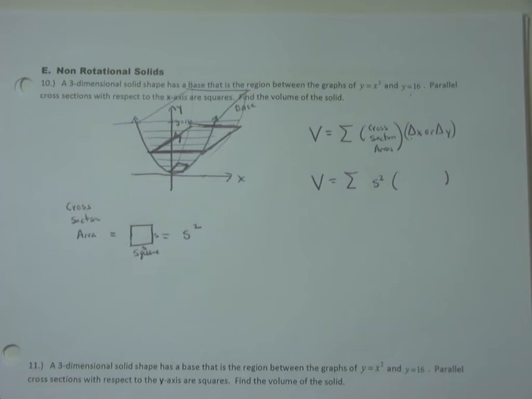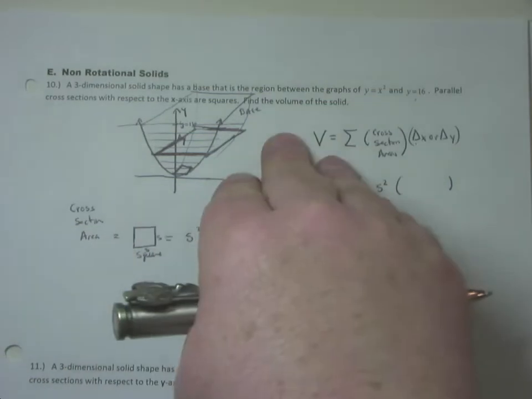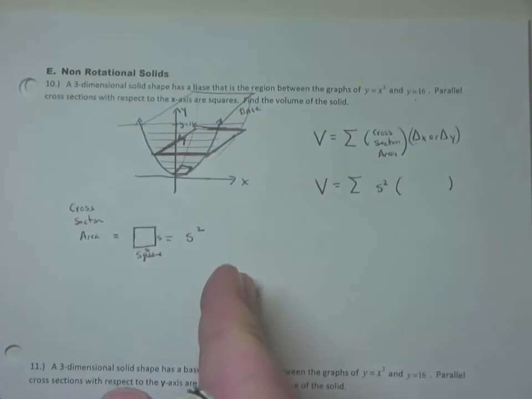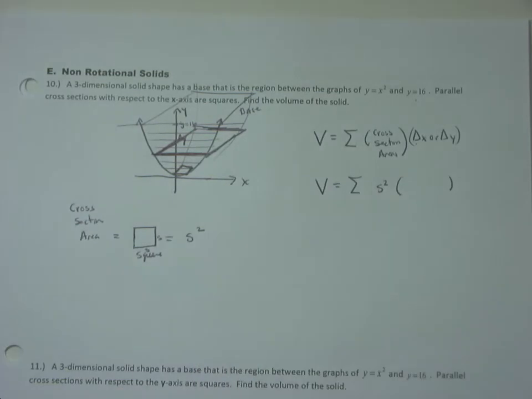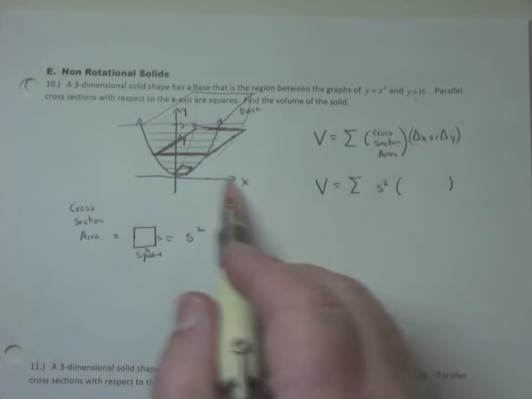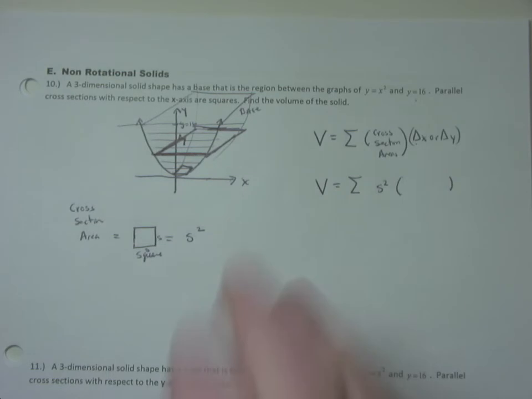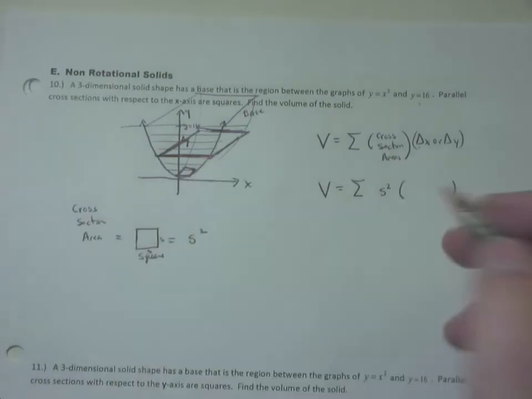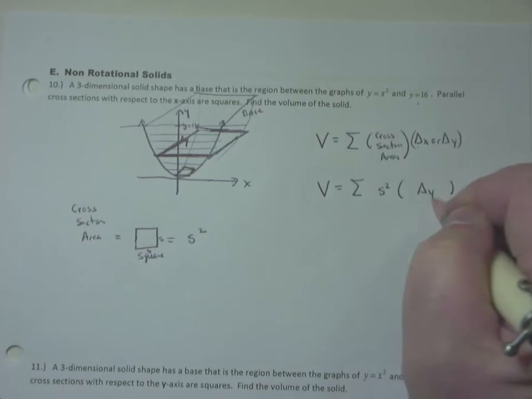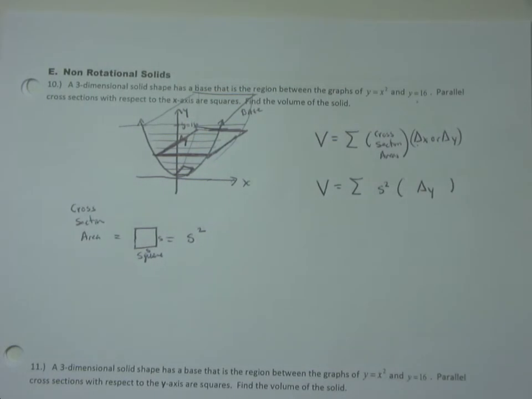If you cut it vertically, you're going to be intersecting the x-axis, that's going to be a delta x problem. Horizontal is a delta y problem, vertical is a delta x problem, in the way you slice. So that slicing is important. So how are we slicing this guy? Parallel to the x-axis, which means we're cutting into the y-axis, so what kind of problem is this guy? Delta y. Does that make sense?